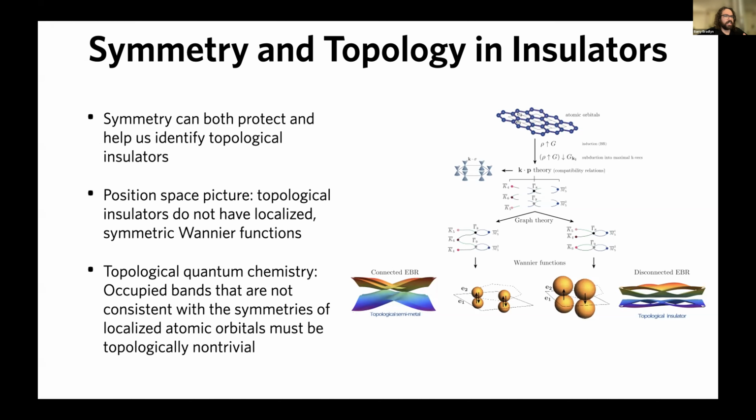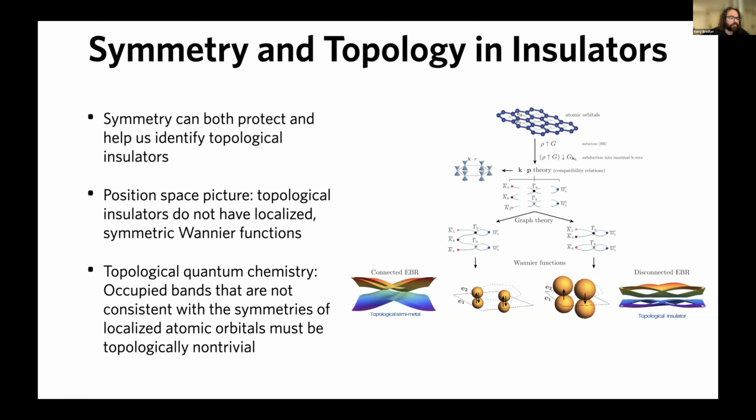What they find is, if you demand that your Wannier functions obey time reversal symmetry in position space, so that you have a Wannier function centered at site X and its time reversed partner also centered at site X, then if you try to minimize to find maximally localized Wannier functions, you get functions with power law tails. They're not exponentially localized.